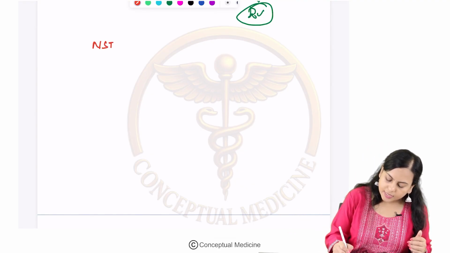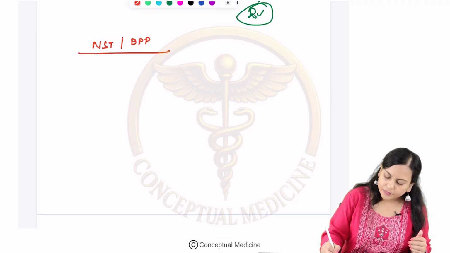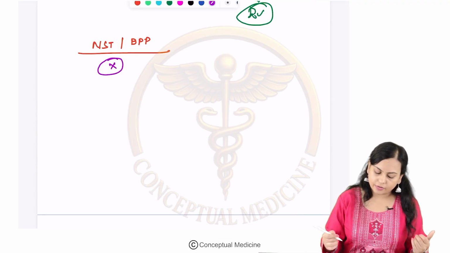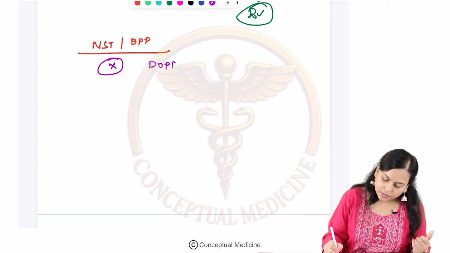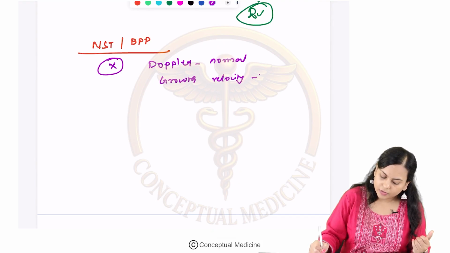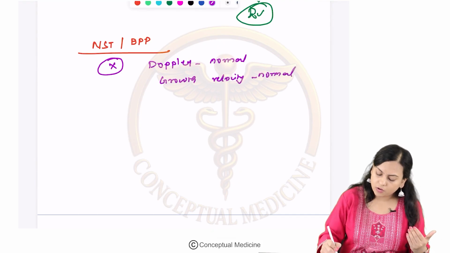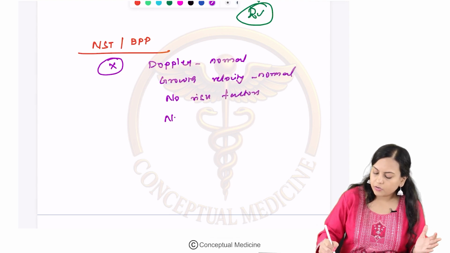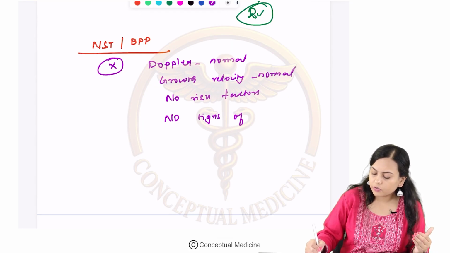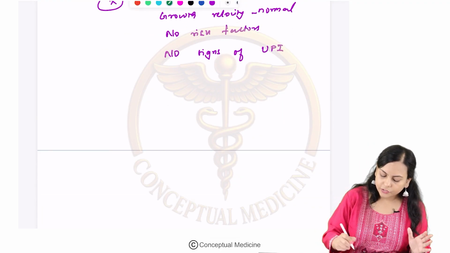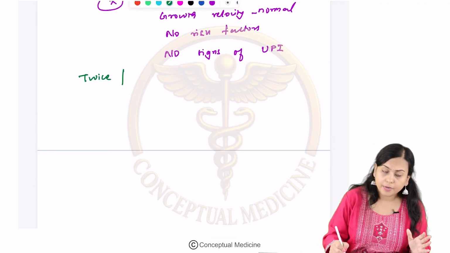See, NST and biophysical profile are not needed regularly or at planned intervals when the Doppler is normal, growth velocity is normal, there are no other maternal risk factors, and there are no signs of uteroplacental insufficiency. Clear? But it should be done twice per week.